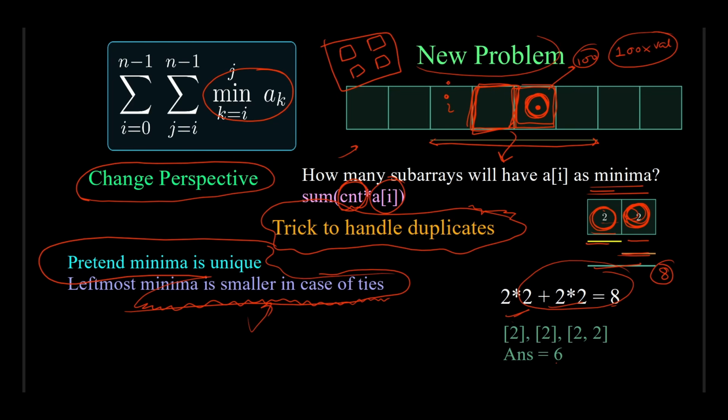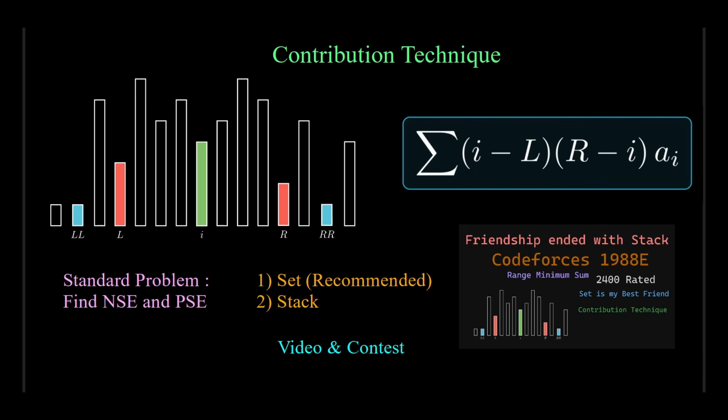Now the problem is, for each index, do you have an algorithm to compute the number of subarrays in which it will be a minima? For this exact problem, I have recently added a video on my YouTube channel, and the problem is exactly that. The name of the problem is range minimum sum.